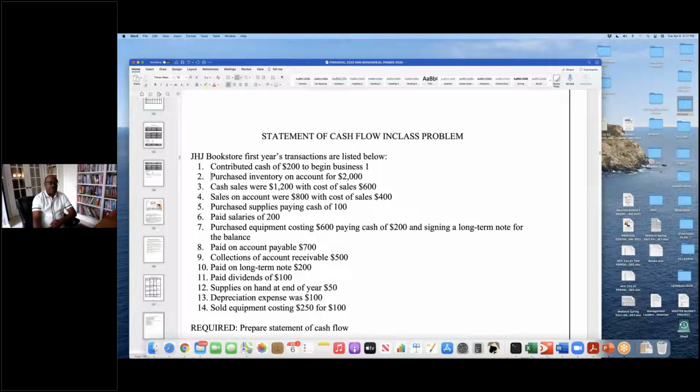Okay, so that's 12. Since that's not 1 through 11, we're going to strike it. Cash sales were 1,200 with cost of sales 600. Got to pick up the cash. We'll strike this so we don't have to worry about that.